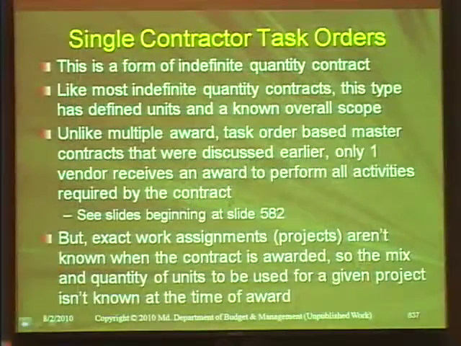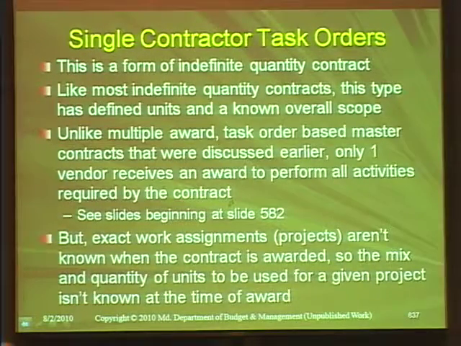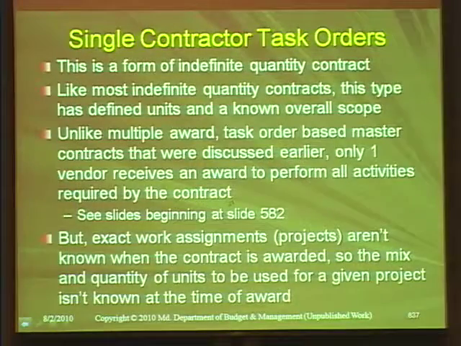And the caveat is that they must use the prices that they bid at the award stage to construct the task order prices. If it's unit prices, they must use no more than. They can always bid less than, but they can not exceed the prices they gave you at the initial award stage.